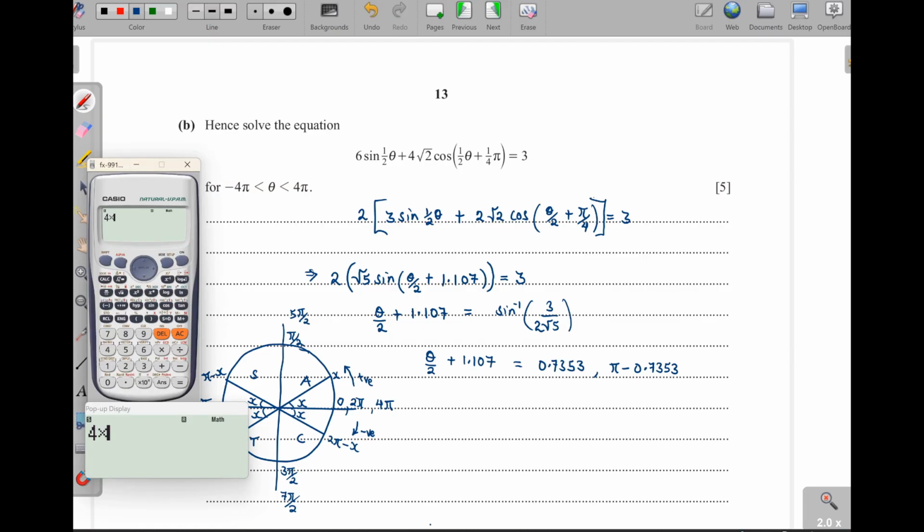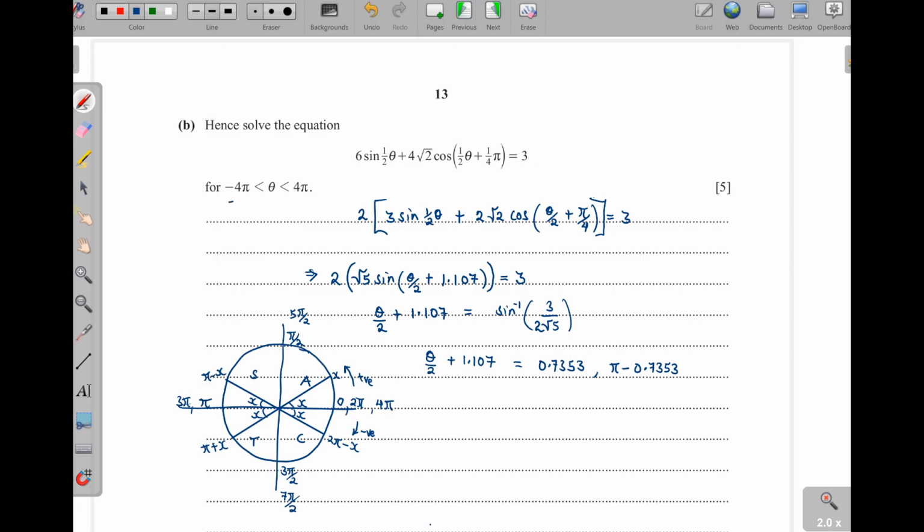The answer must be 12.6, so it should not exceed 12.6, somewhere there. This is positive 12.6. Now let us get another pair. How do we get the other pair?